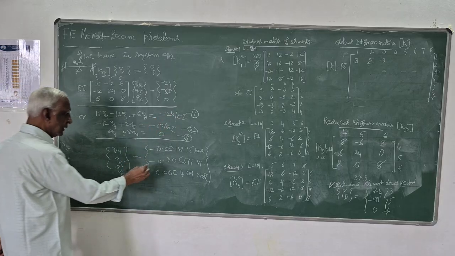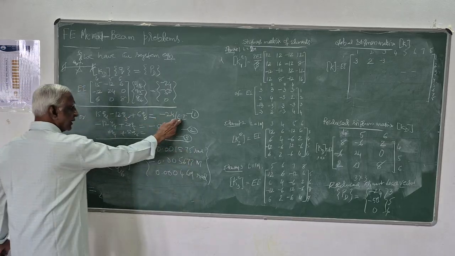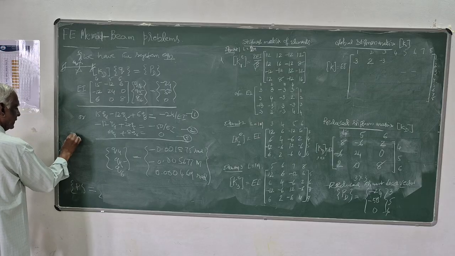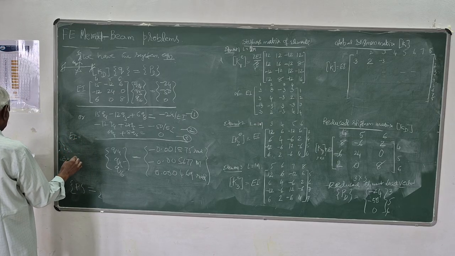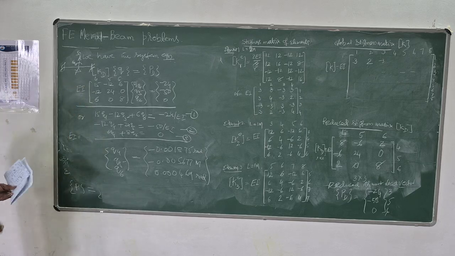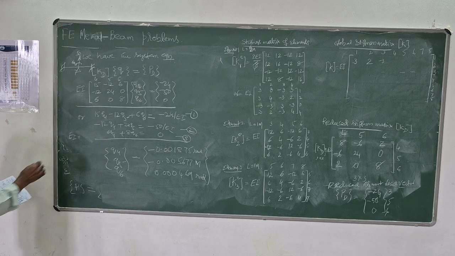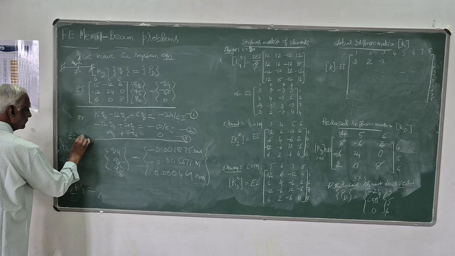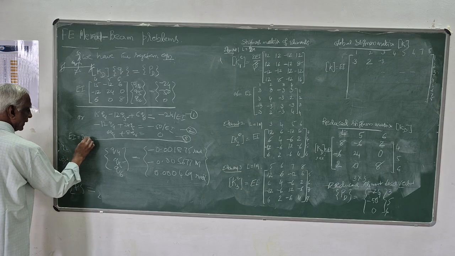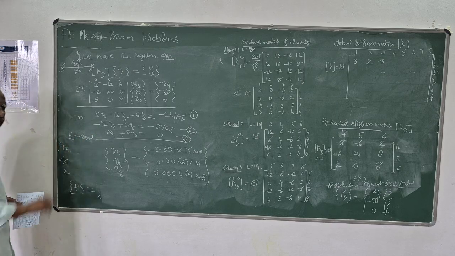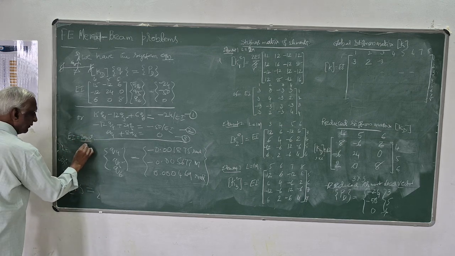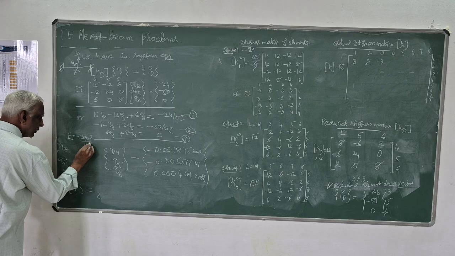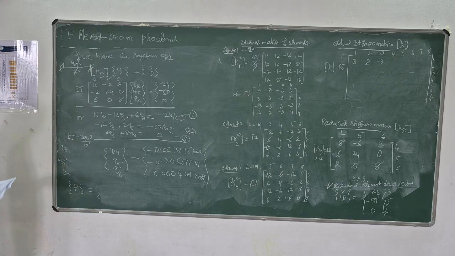For the EI value, E is equal to 200 GPa, that is 200 into 10 to the power of 9 Newton per meter square, converted into kilonewtons, so divide by 10 cube.